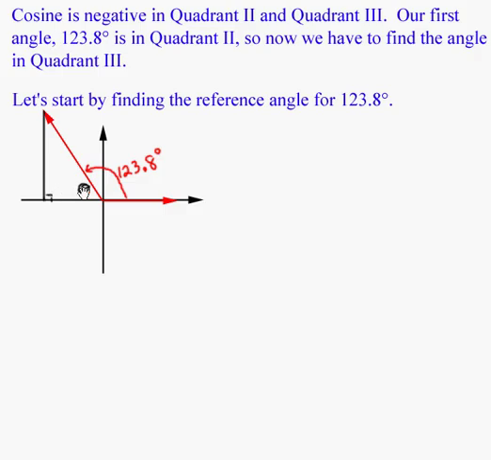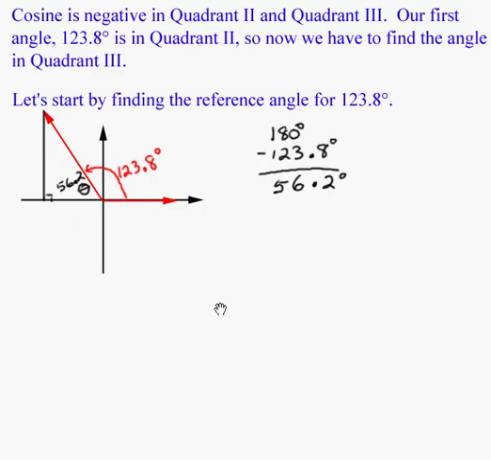Always the x-axis, never the y-axis. This angle here is the reference angle for 123.8. Well, to find out what that angle is, we have to ask the question, how far short of 180 did we go? And if we subtract, that'll tell us. 180 minus 123.8 is 56.2.